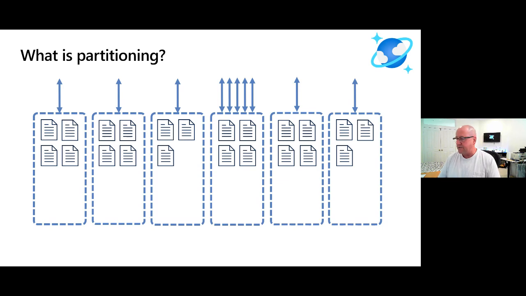So you may have an even distribution of data from a storage perspective, but from a throughput perspective, you're always going to be bottlenecked on that current date. So what you want is something that's going to distribute both the storage of your application as well as the throughput, or the requests from a read and write perspective, across all of those different logical partitions.